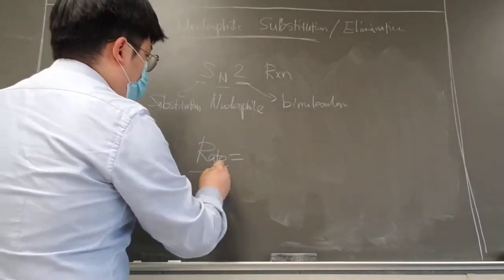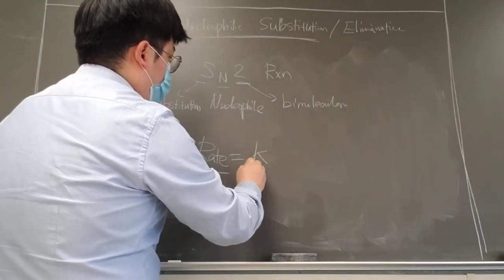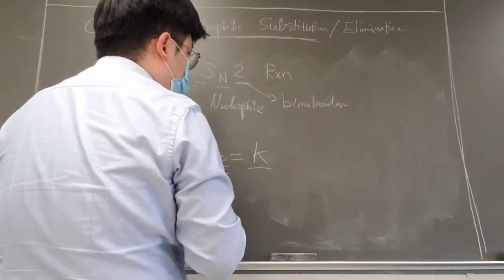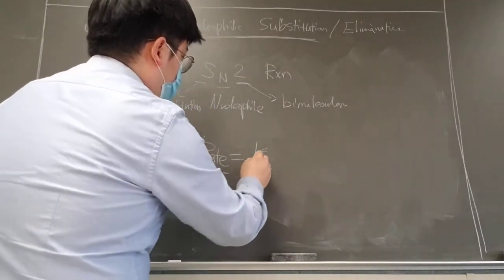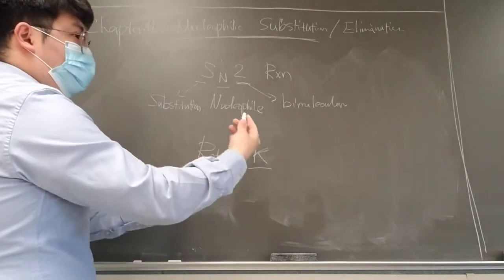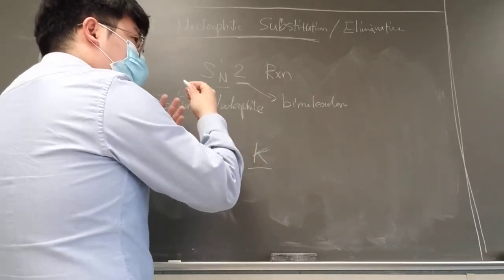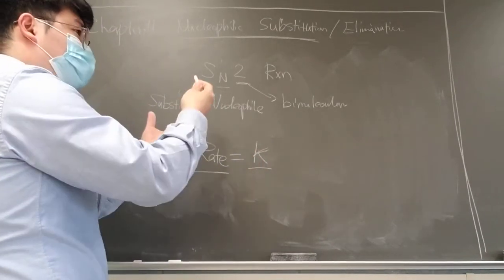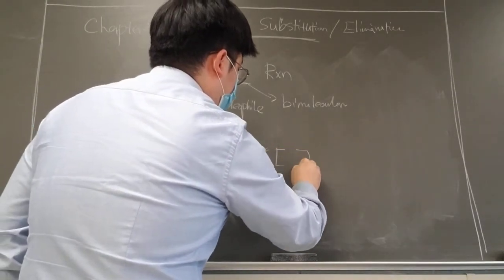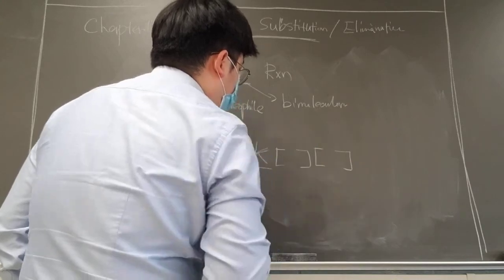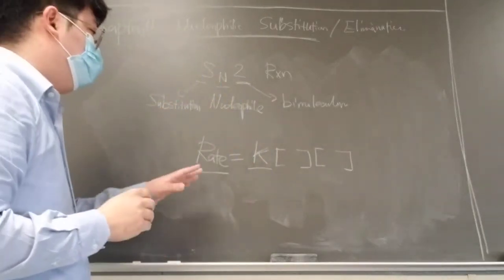But anyway, the rate comes in this form, with the rate constant K. This is not the same as the equilibrium constant we learned, so don't be confused. This is just the constant relating concentration to the speed of the reaction. That means you're going to have 2 factors in concentration form that will affect your rate.